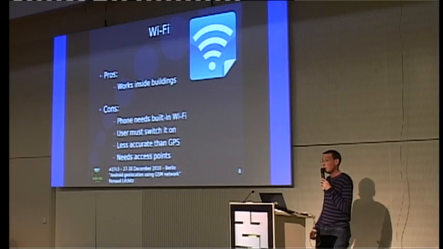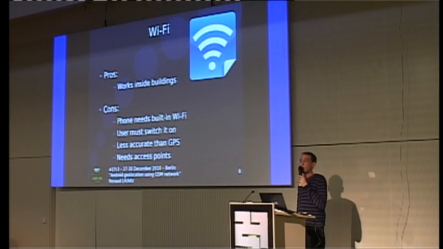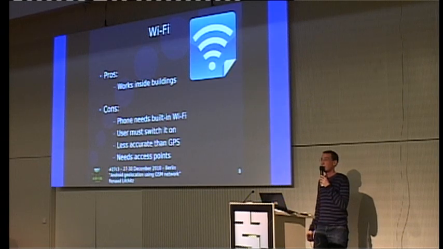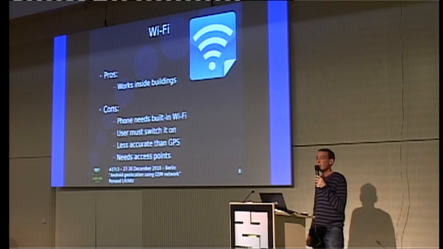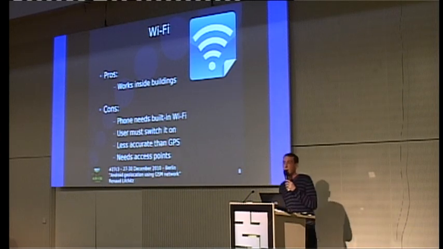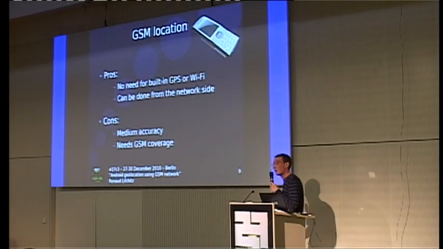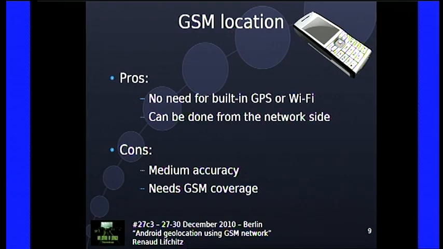So it's not very accurate. And you need, of course, access points in order to triangulate your position. If you don't have any access point near your building, you won't be able to locate yourself. So these are the two classical ways to locate yourself.